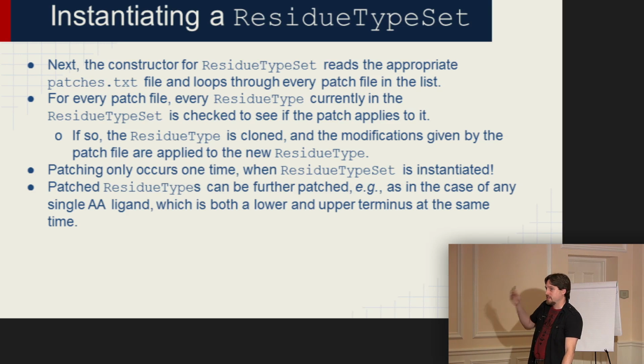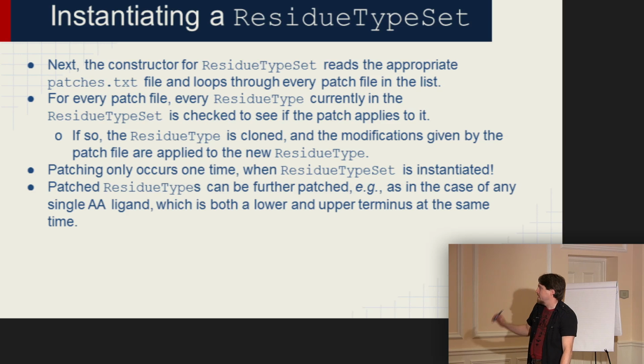If the patch does apply to that residue type, then the residue type is cloned, and then it's modified by the information in the patch file to become a new residue type. Every residue type is a unique individual, but you start out by cloning it and then modifying it to make a new one. Patching only ever occurs one time, and that is when the residue type set is instantiated. So once the entire residue type set is made, patching is done, at least in the current implementation of the code.